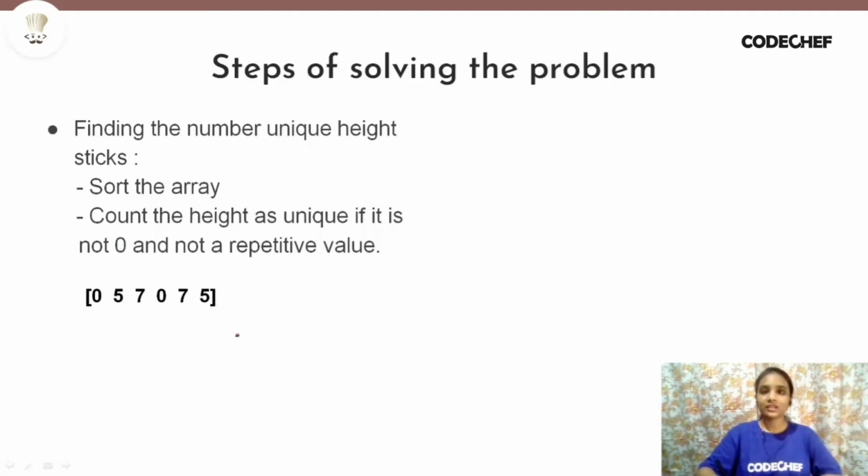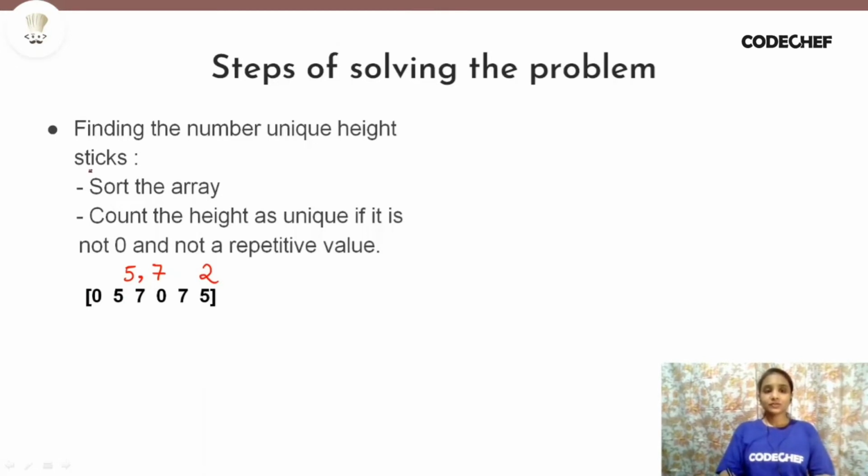These are the heights of the sticks. We need to choose the unique height sticks only, and we need to ignore 0, because 0 is already 0, so we don't need to perform any operation on that. So here the unique heights of sticks which are not 0 are 5 and 7, and our answer for the minimum number of operations is 2.